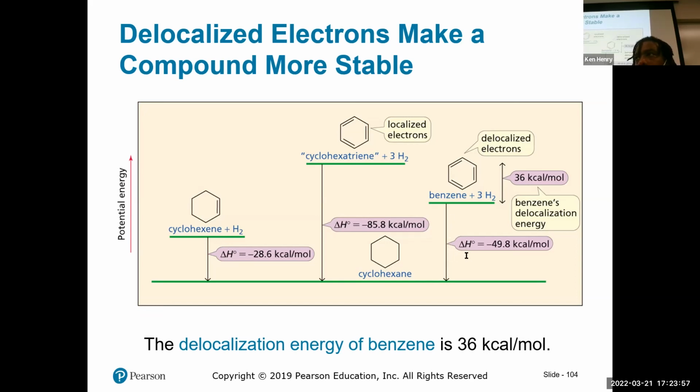And that is going to have an enthalpy of negative 49.8 kilocalories per mole. And then going from the localized to delocalized, that's going to be a change in 36 kilocalories. So if it's localized, it's going to have more energy associated with it than in the case of it being delocalized.